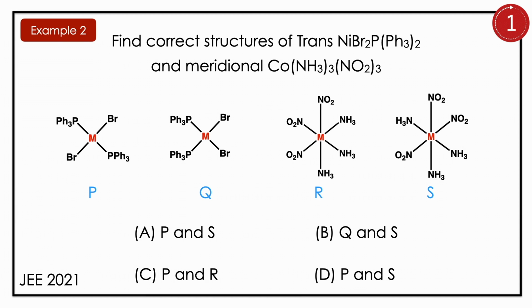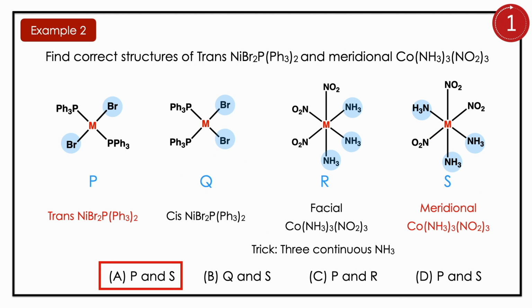Then the next example: find the correct structures of trans-[Ni(Br)2(PPh3)2] and meridional [Co(NH3)3(NO2)3]. P, Q, R, S, 4 structures are given. You should find which represents the trans structure as well as the meridional structure. Here problems are straightforward once you know the basics. Trans means you have opposite same atoms.